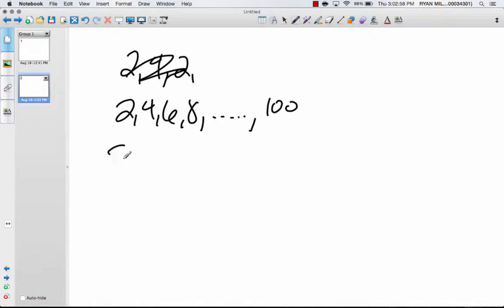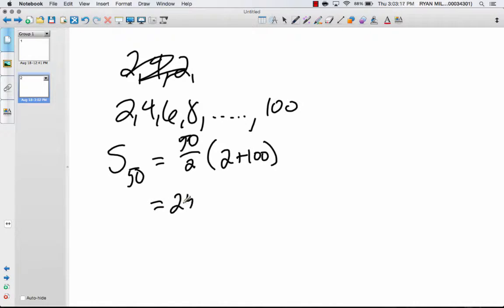Same formula. The even numbers from 2 to 100 are going to be 50 different numbers, because that's half of them; the odds would be the other half. So the sum equals n divided by 2 times the first term plus the last term. That's 25 times 102.